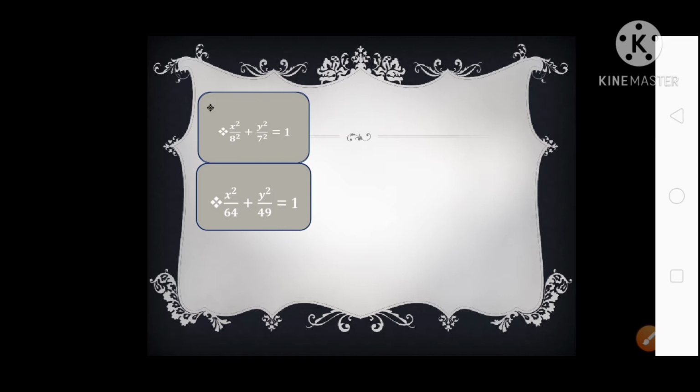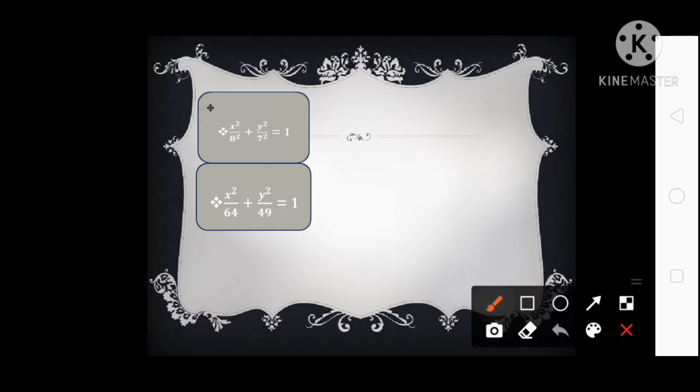Then, to convert our equation into general form, we should multiply first both denominators, which are 64 and 49. If we multiply that, we have 3,136.